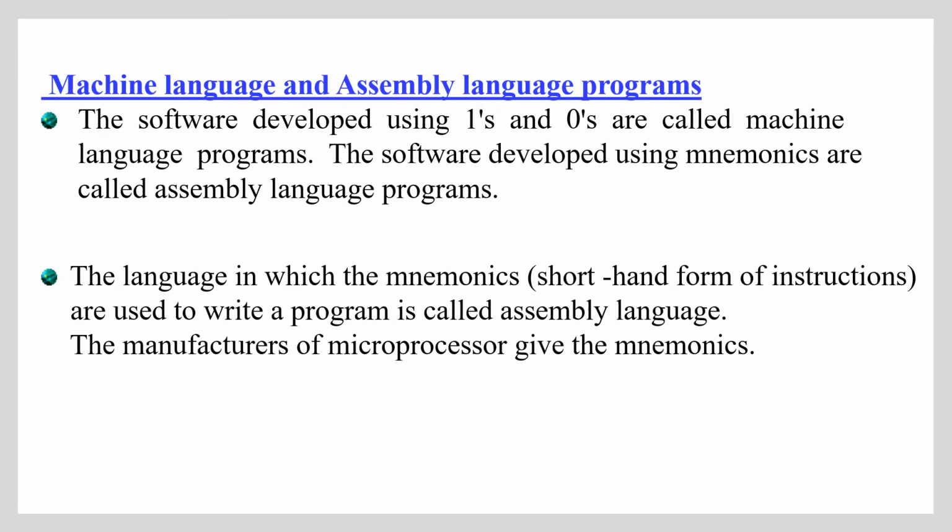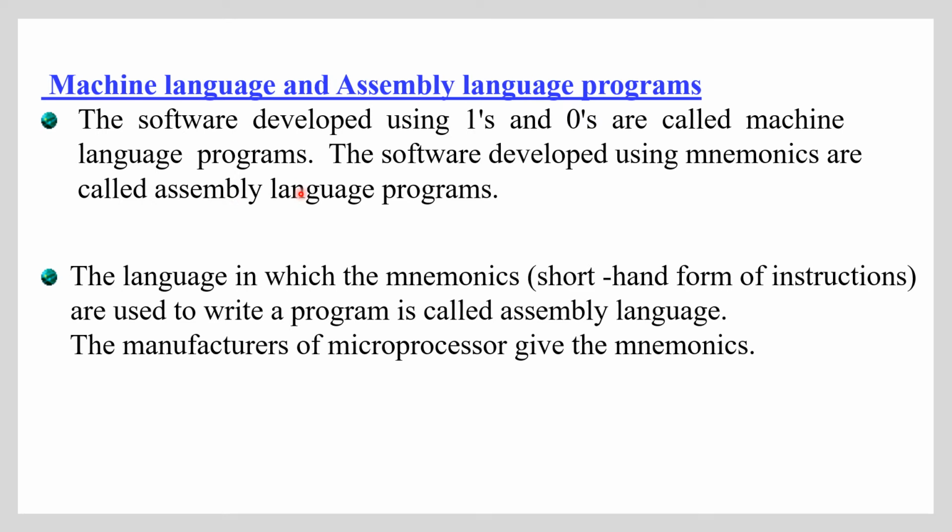Now let us see what a machine language and an assembly language program are. Already I said that we are going to do the programming in assembly language. So let us understand that whenever we are dealing with 8085, we are doing the programming in assembly language. The software developed using ones and zeros is called a machine language program.